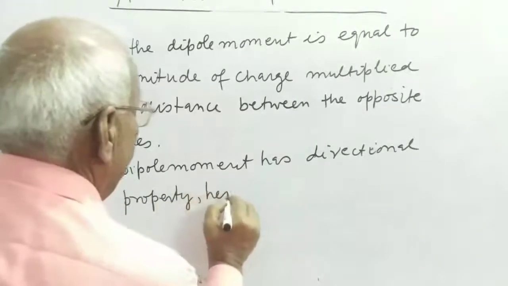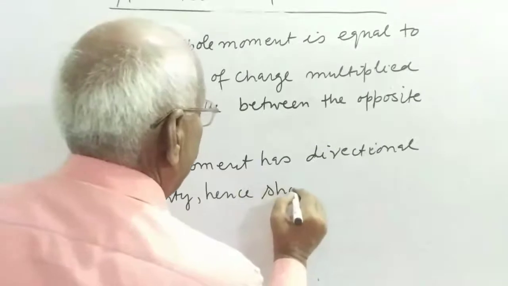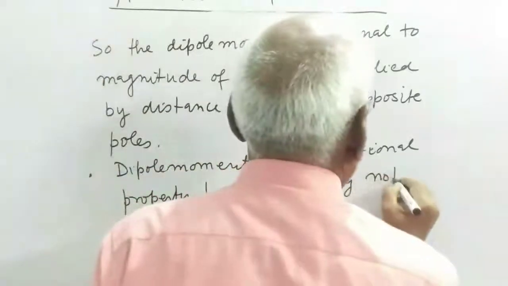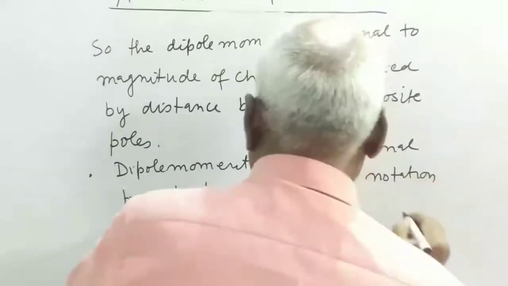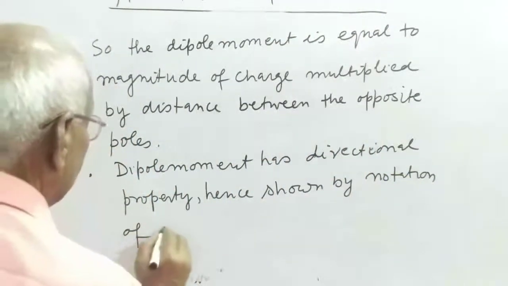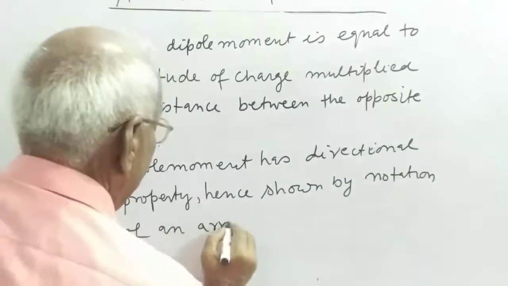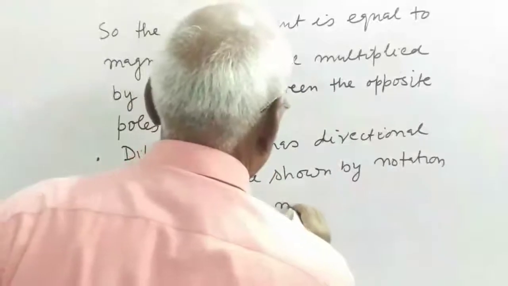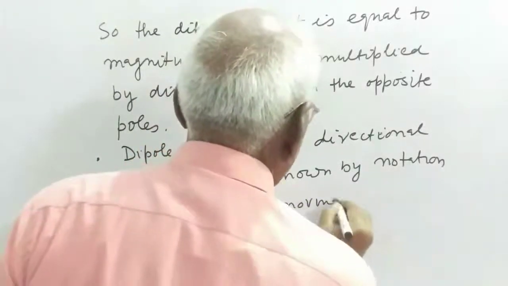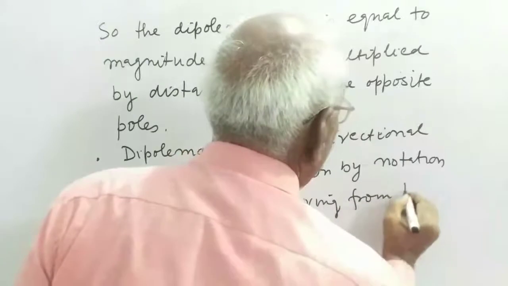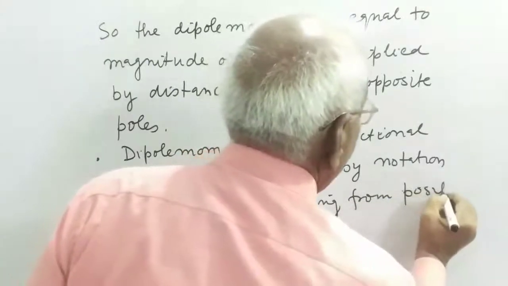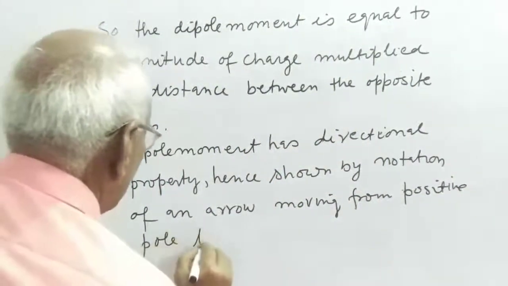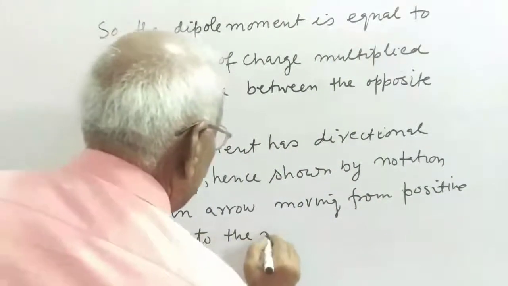Hence it is shown by the notation of an arrow moving from positive pole to the negative pole.